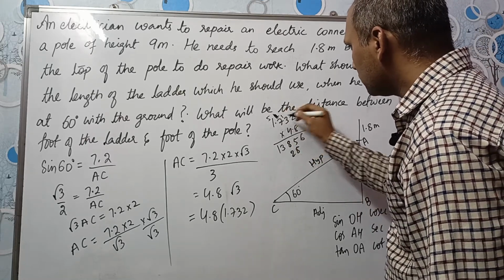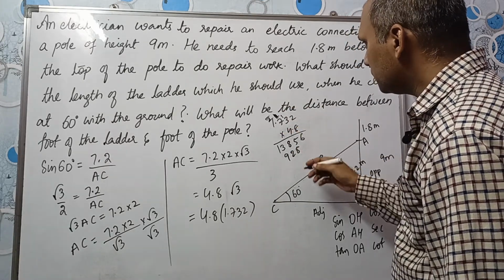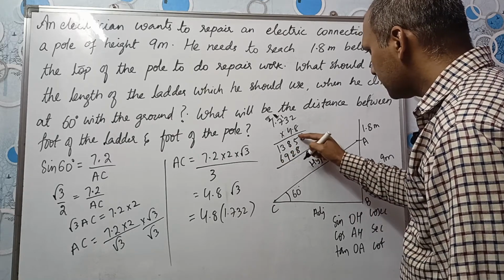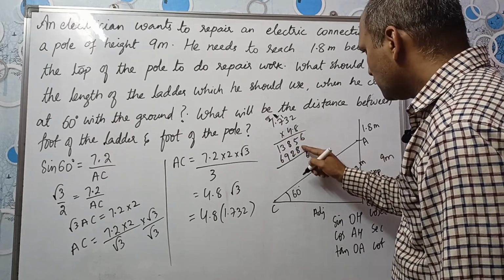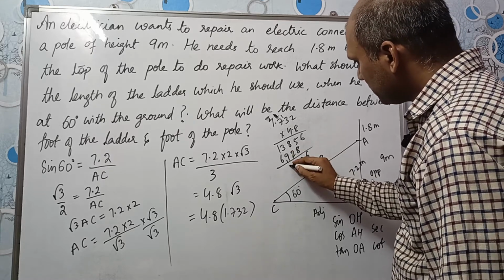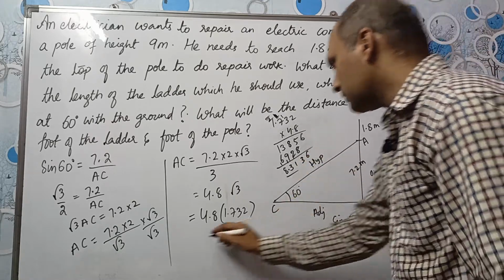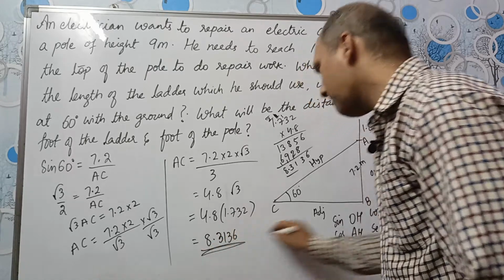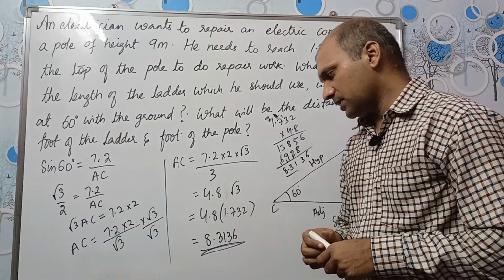So the point will come after 3 decimal places. So 8.3136. This is the length of the ladder, 8.3136.